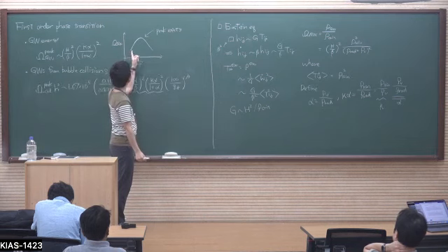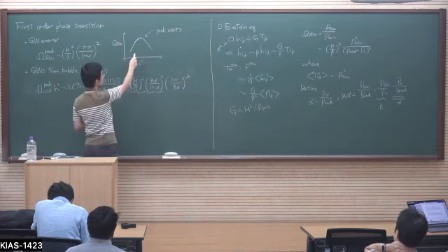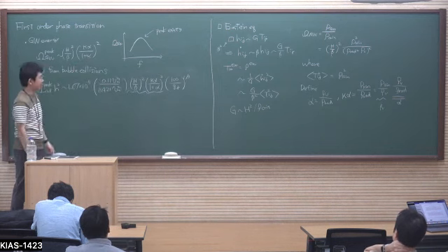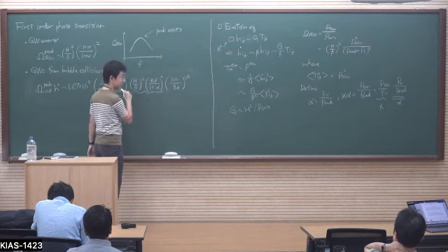The form of this gravitational wave spectrum can be determined by the beta parameter and alpha parameter.